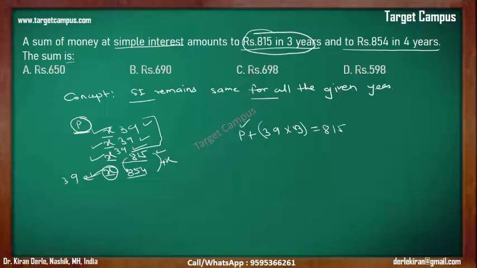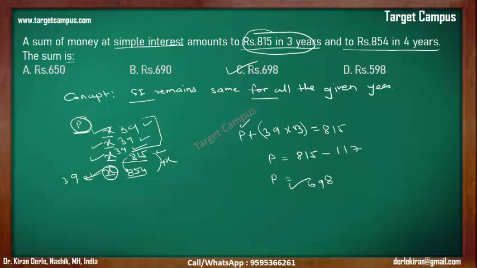What is the value of P? P is equal to 815 minus 117. So the principal would be 698. That's the answer, so 698 is the right choice.